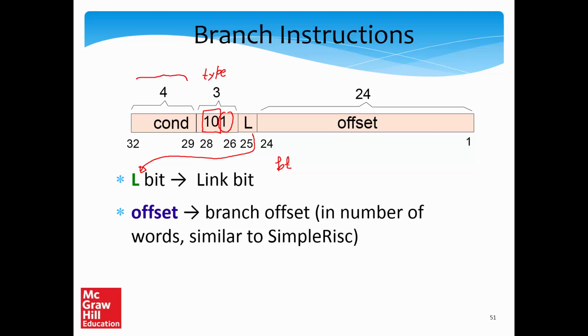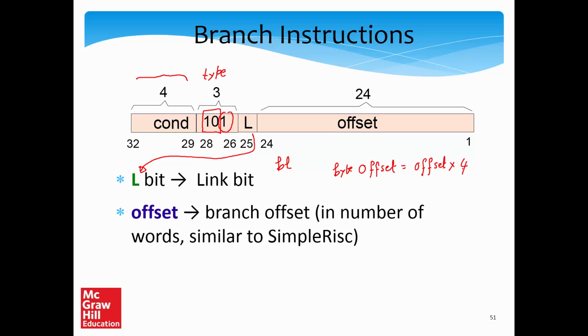So this is the branch offset, very similar to simple RISC. Also similar to simple RISC, this is not the offset in terms of bytes, it's the offset in terms of memory words. A memory word is defined as 4 bytes in this case. So the byte offset is equal to the offset specified over here multiplied by 4.